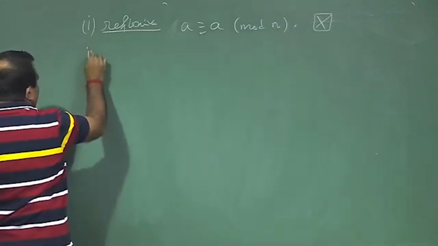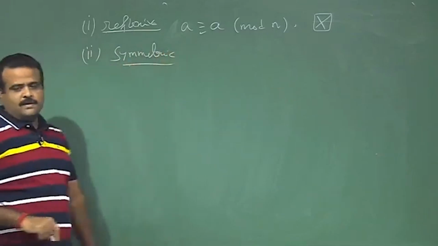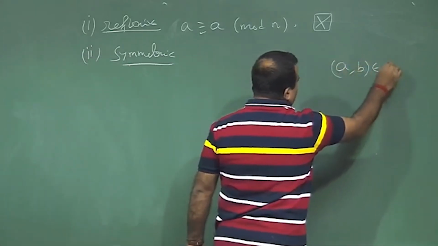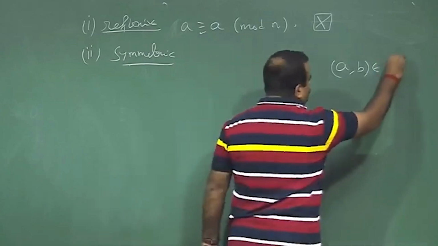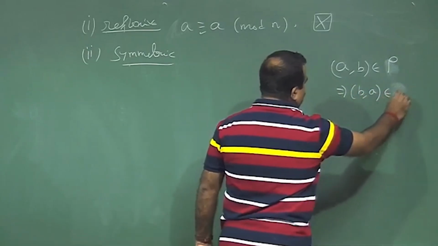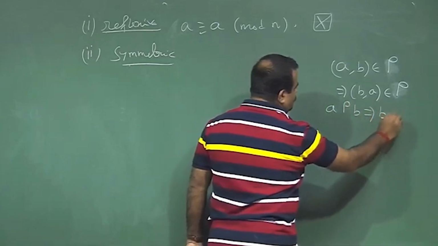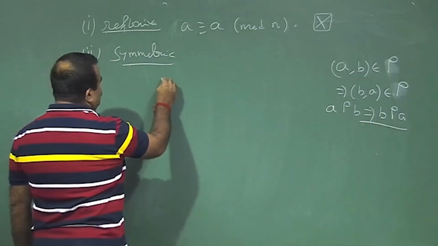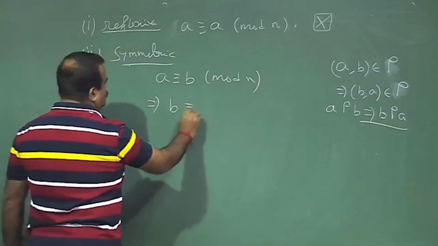Okay. Now, the second property is symmetric. Symmetric means a relation rho is called symmetric if a rho b implies b rho a. R here is the real number set also, so we denote the relation by the symbol rho. So symmetric means if a is congruent to b mod n, then this implies b is also congruent to a mod n.